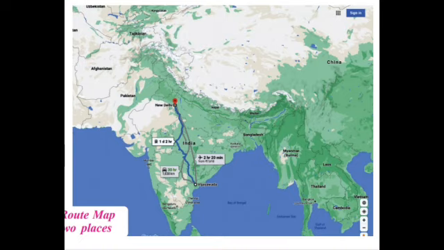Children, find out the states which are located in this route between two places. See the map carefully and observe. You can find many things in this map. Okay children, I think you observed the map. Then give the answers to the following questions.